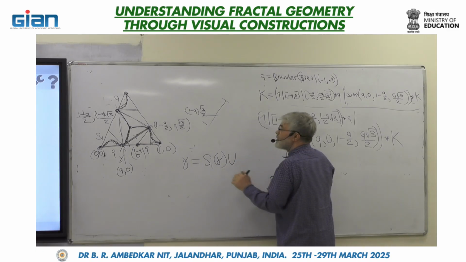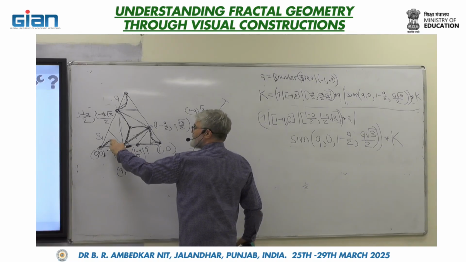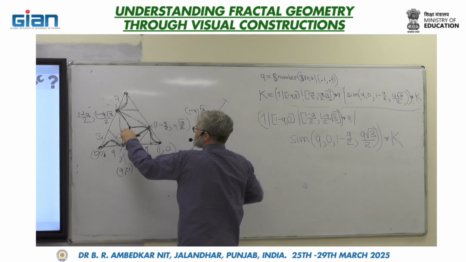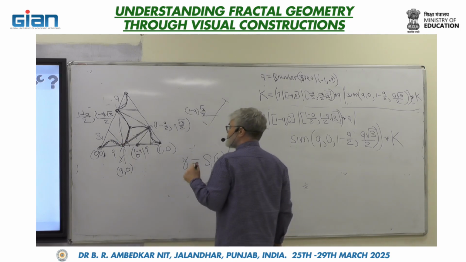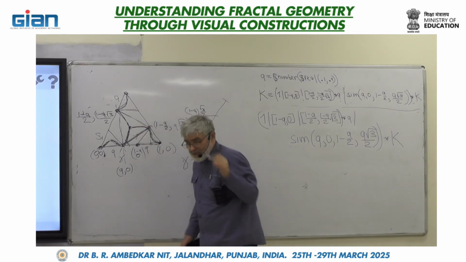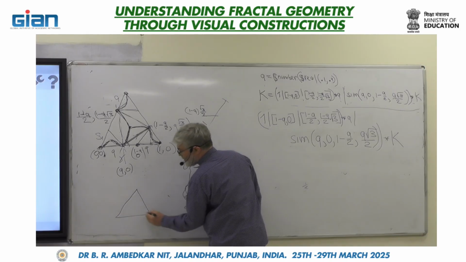Union the image of gamma under rotation by the angle 2 pi divided by 3 with respect to the center of this triangle. Yes? How to rotate a triangle by 120 degrees?